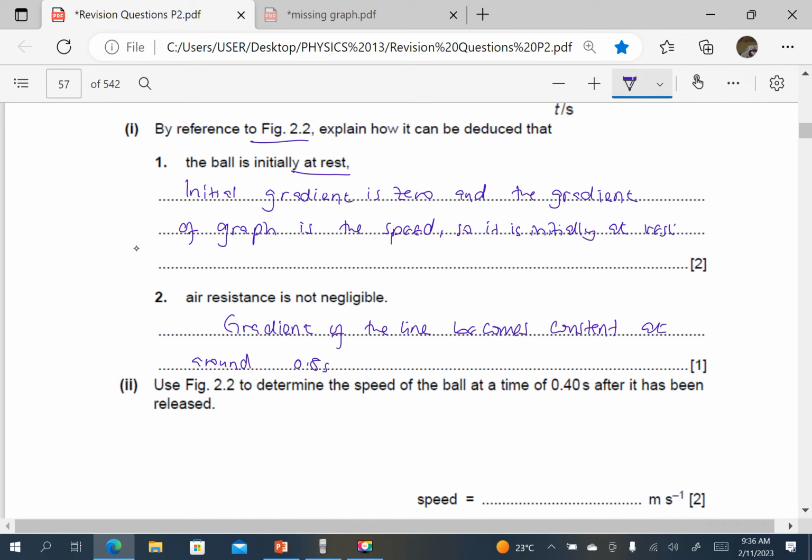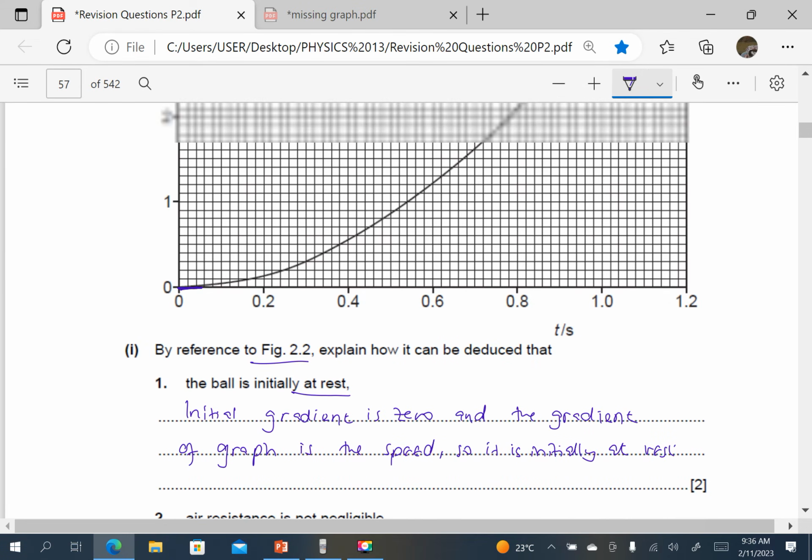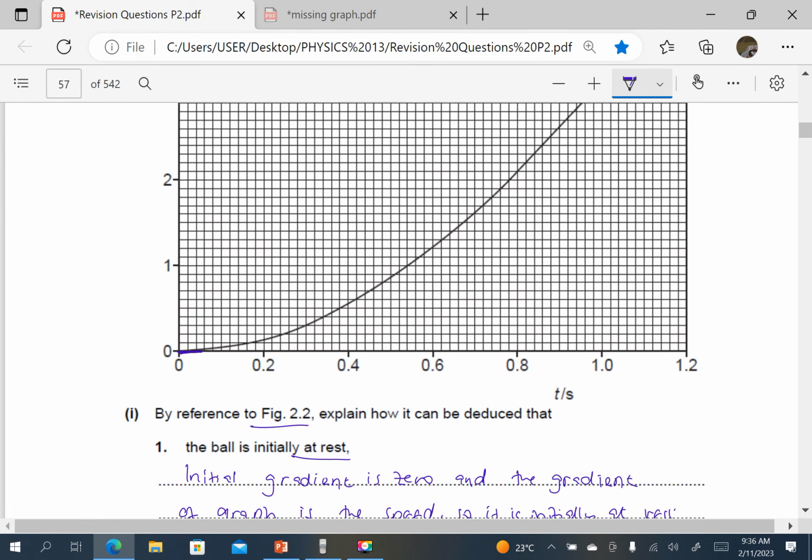Use the figure to determine the speed of the ball at a time t equals 0.4 seconds after it has been released. So remember, the gradient is the speed. So I'm now just going to draw a tangent at 0.4 seconds.